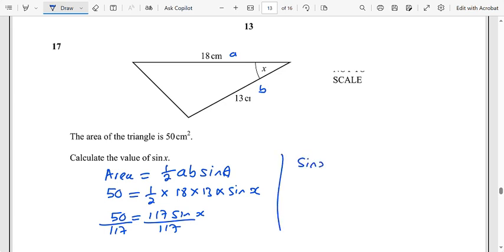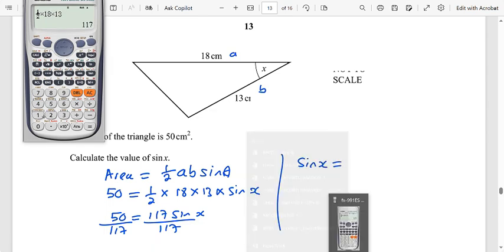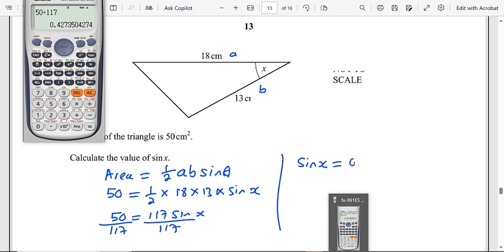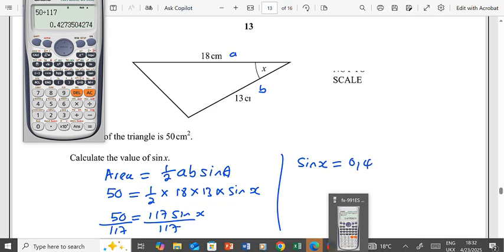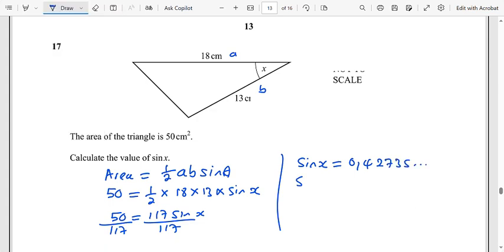So sine x is equal to 50 over 117, which is 0.42735 dot dot dot, or you can just leave sine x as 50 over 117.